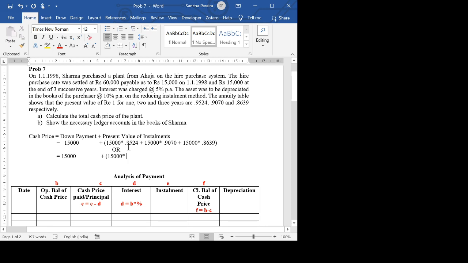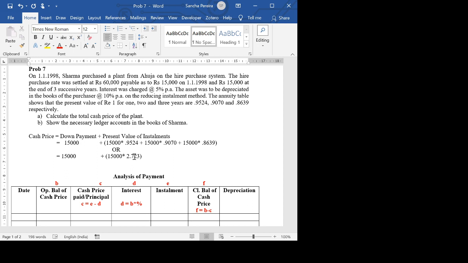That is 0.9524 plus 0.9070 plus 0.8639, and I get a value of 2.723. You can check this out. I will get the same answer.